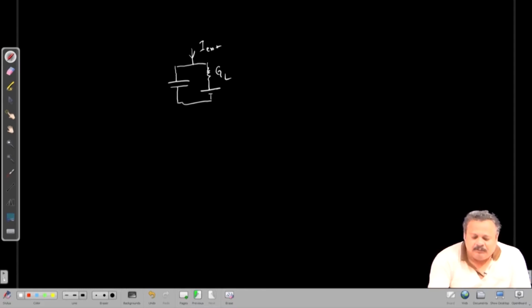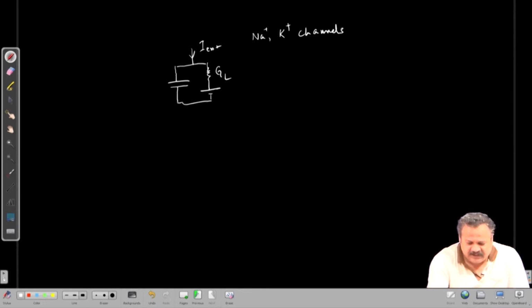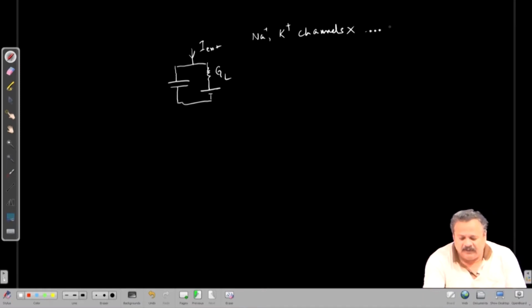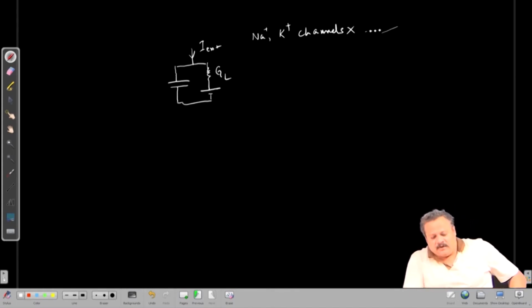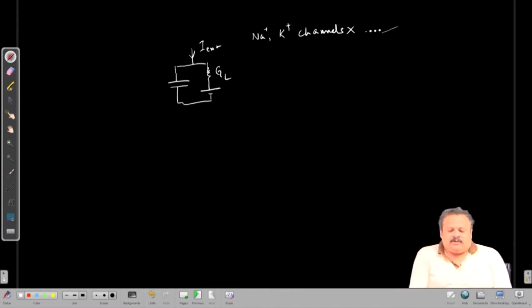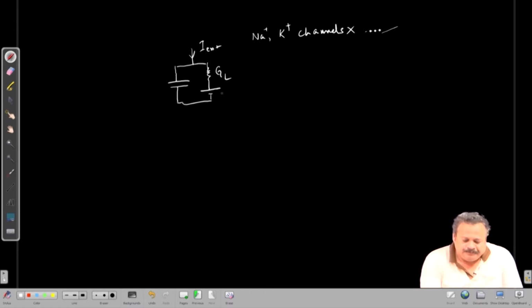In this model we had removed the sodium and potassium channels that were present in the Hodgkin-Huxley model, and also other kinds of channels in other models, are removed for now to make the most simple possible kind of neural model.